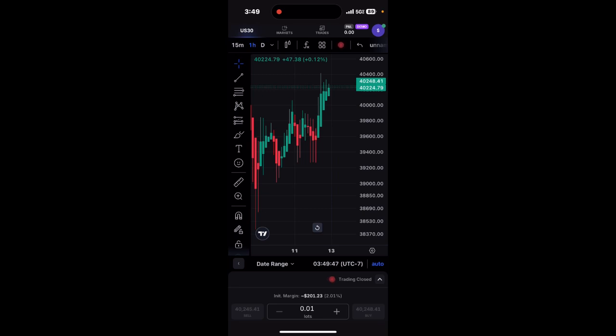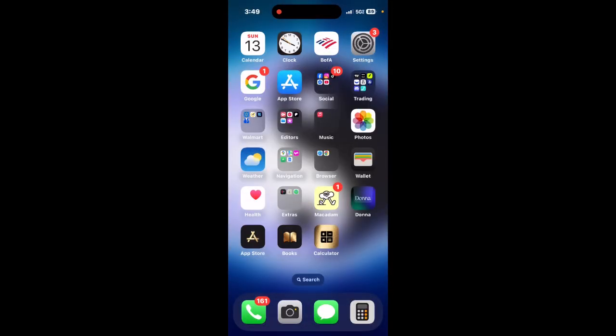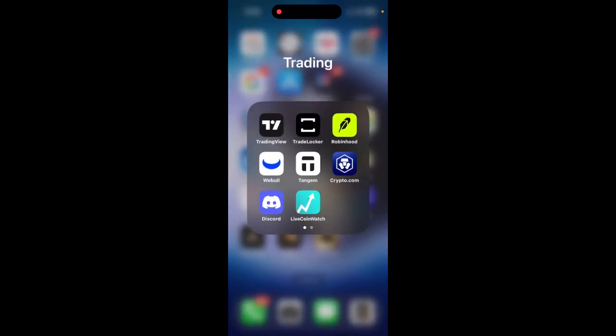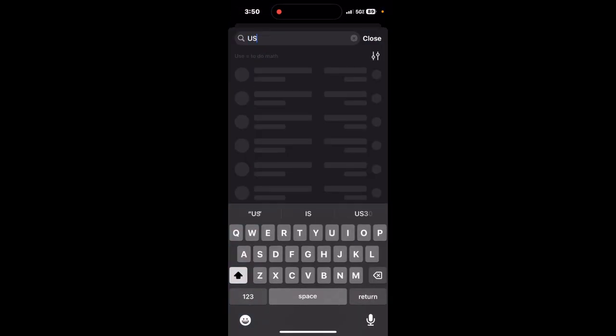Whether you have 200 or not, what I want to advise people to do, if you want to practice a little bit with the US30, is to start with the mini and then scale up. But we're going to look at some numbers here real quick at the US30.